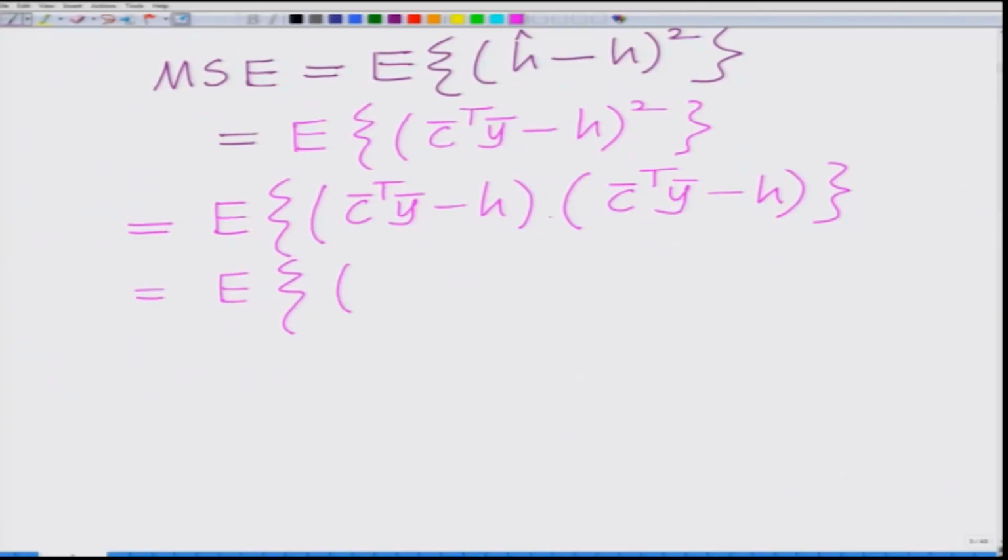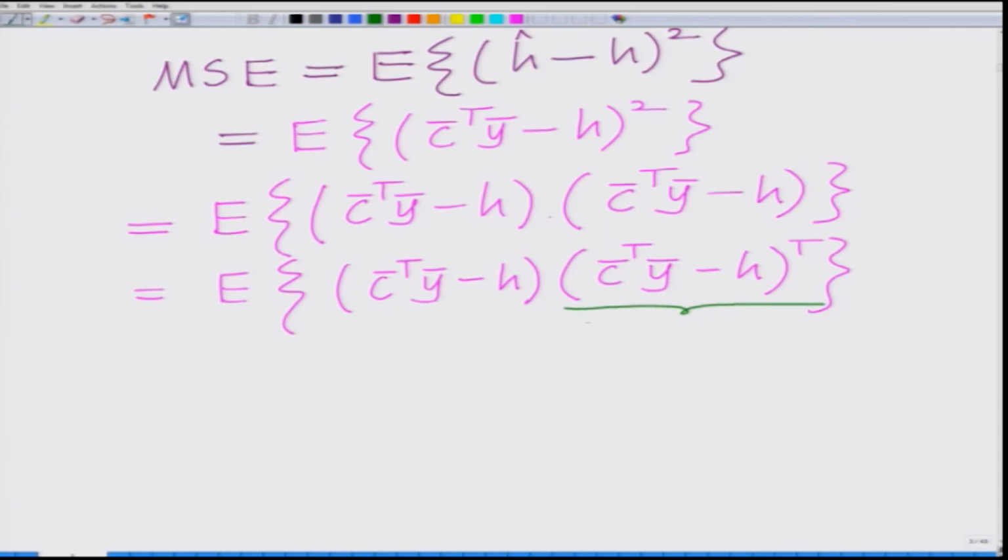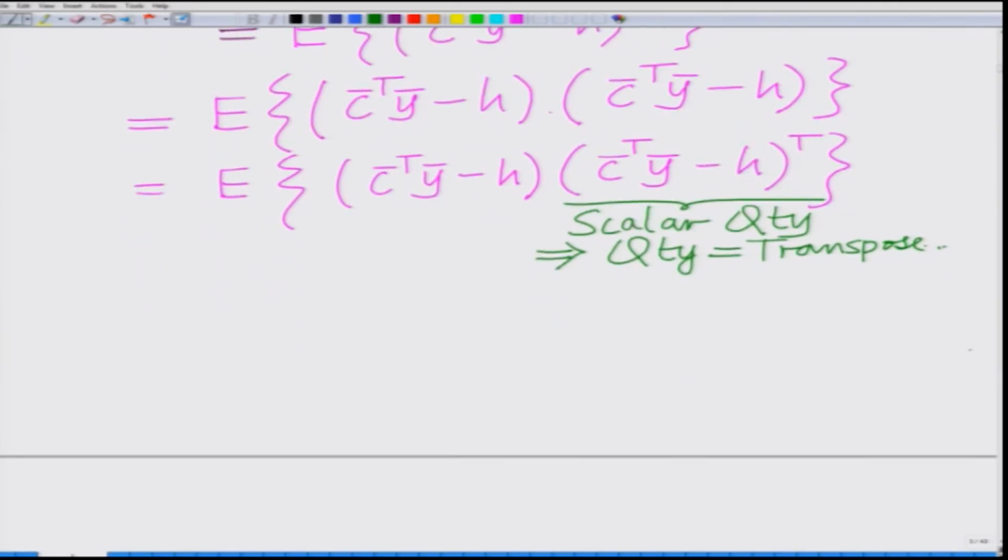So, I can write this as C bar transpose y bar minus H times C bar transpose y bar minus H transpose, since this is a scalar quantity. The quantity is equal to its transpose.